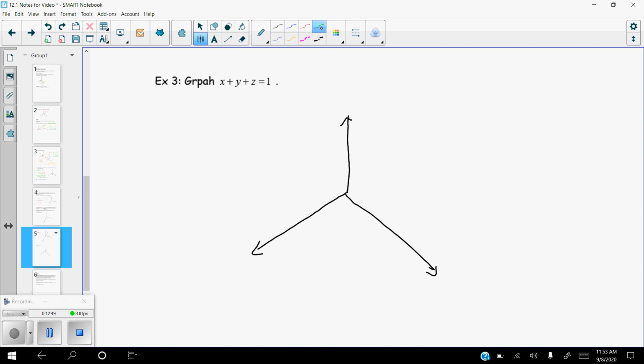Well, to find the x-intercept, you plug in 0 for y and z, which gives us an x-intercept of 1. Put that right there. To find the y-intercept, you plug 0 in for x and z, which gives you a y-intercept of 1. Likewise, to find the z-intercept, x and y are 0, which gives you a z-intercept of 1.